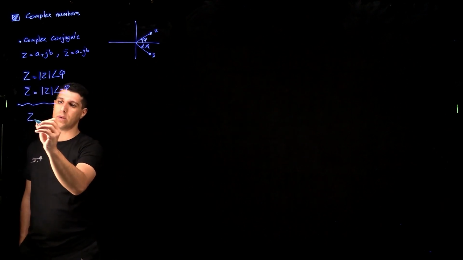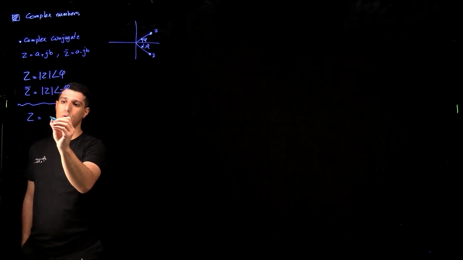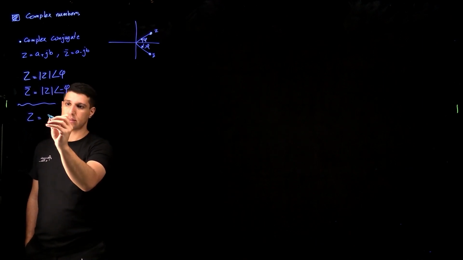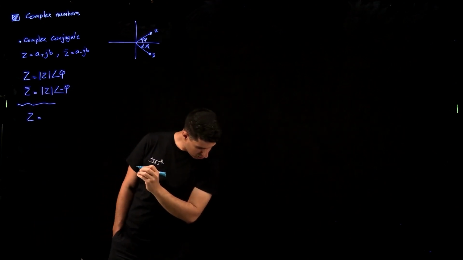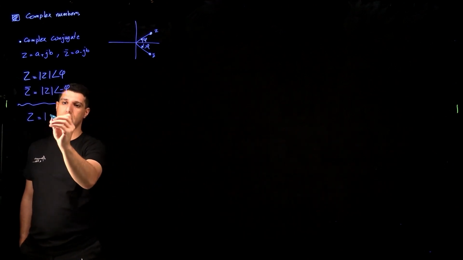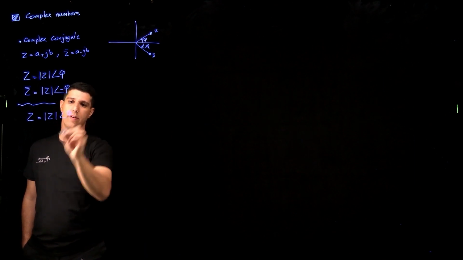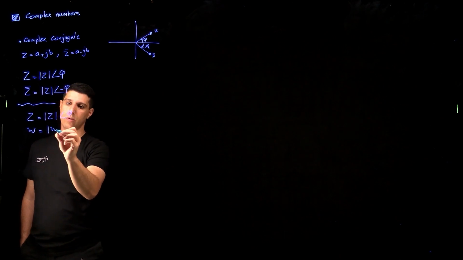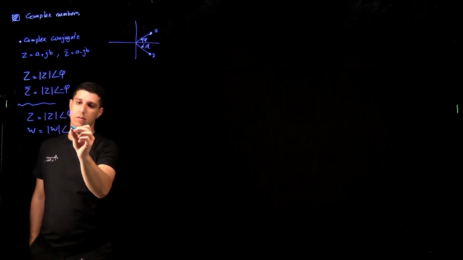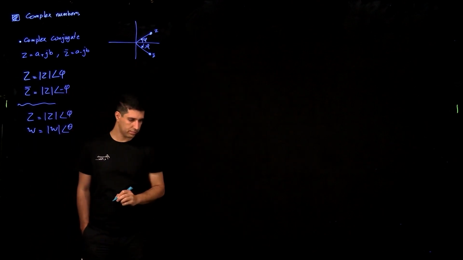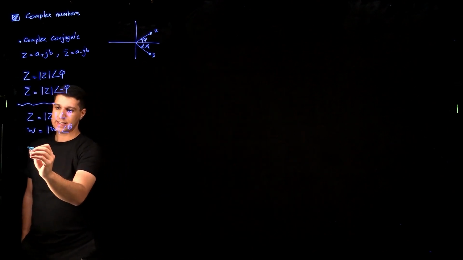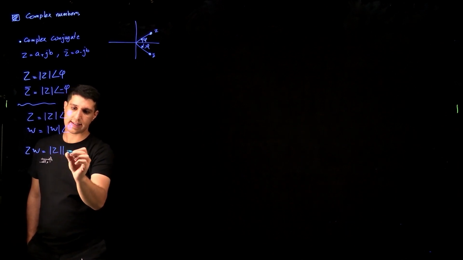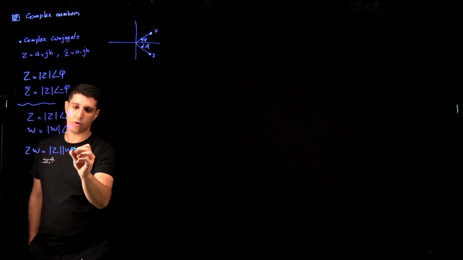So if I have a number z that is equal to norm of z, angle phi, and I have another number w with some norm and some angle theta, z times w, we can scale the norm.